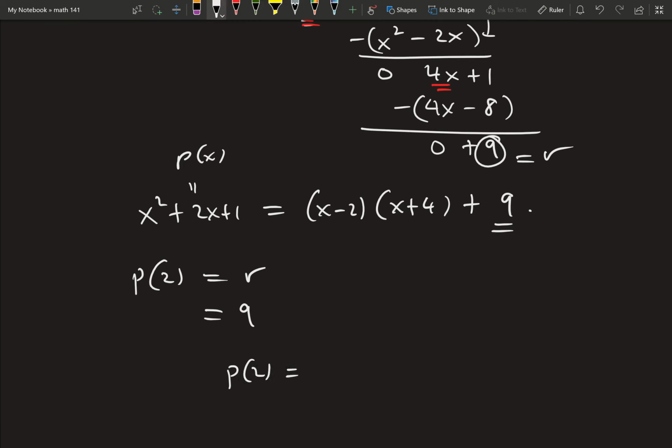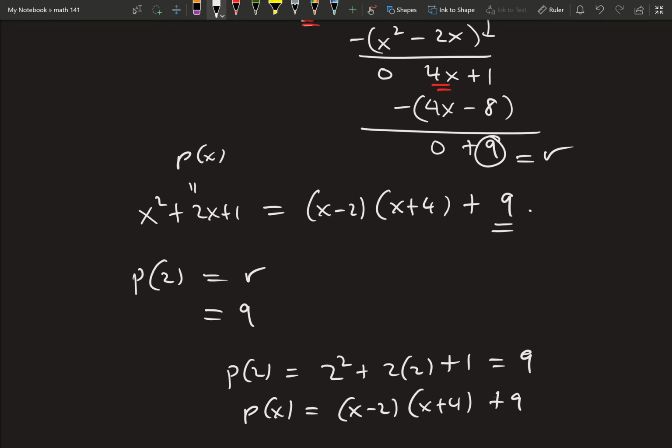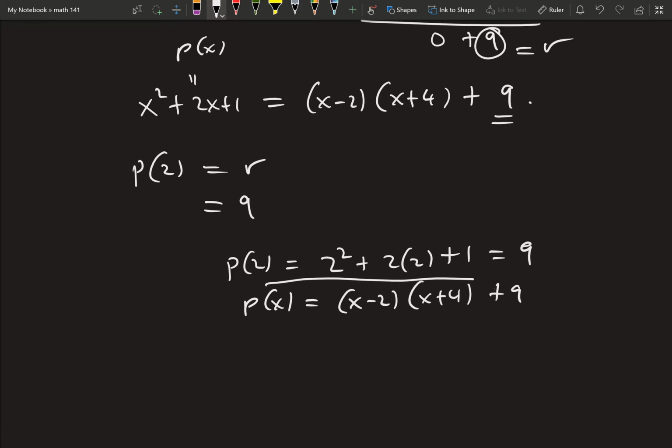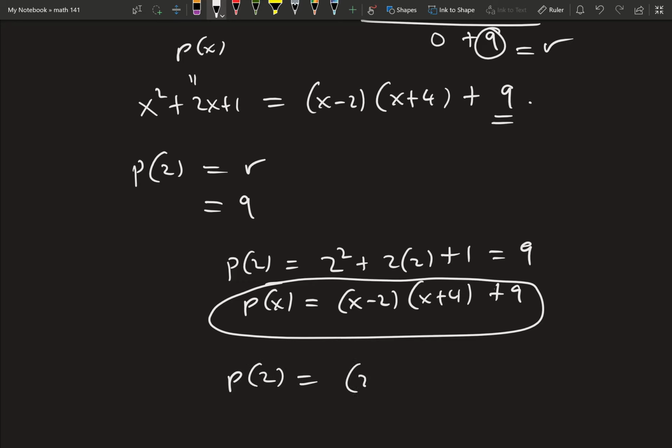P of 2 you can plug in directly: 2 squared plus 2 times 2 plus 1, which is 9. That's method 1. Or we know p of x is x minus 2 times x plus 4, plus 9, from the division algorithm. If I plug in 2, I get 2 minus 2 times 2 plus 4, plus 9, which is 0 plus 9, which is 9.